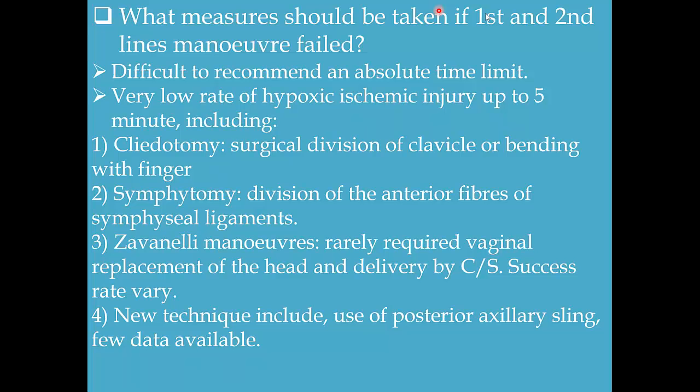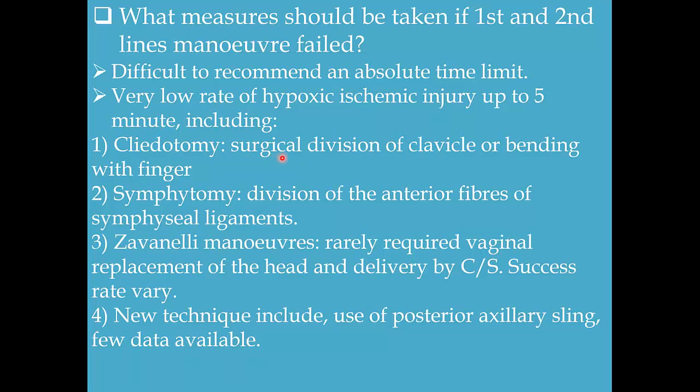So what measures should be taken if the first and second line maneuvers have failed? It is difficult to recommend an absolute time limit, with a very low rate of hypoxic ischemic injury up to 5 minutes, including cleidotomy.